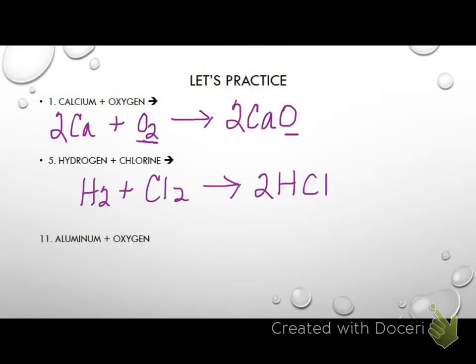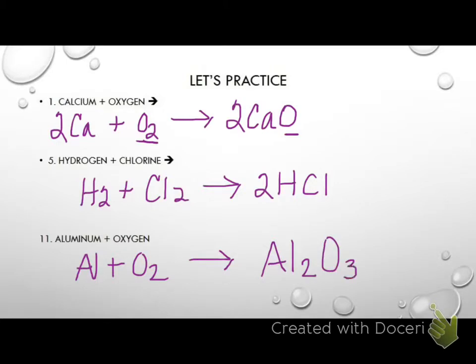Now let's do number 11. I have aluminum plus oxygen. Now I would put those together. Again, I look at what their charges are when they're in a compound. Aluminum is +3, oxygen is a -2. So I'm going to do my crisscross and say that my formula would be Al2O3.